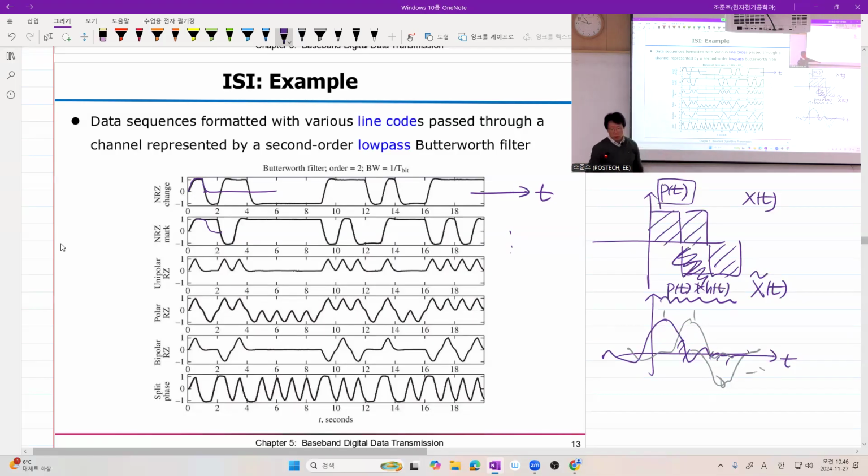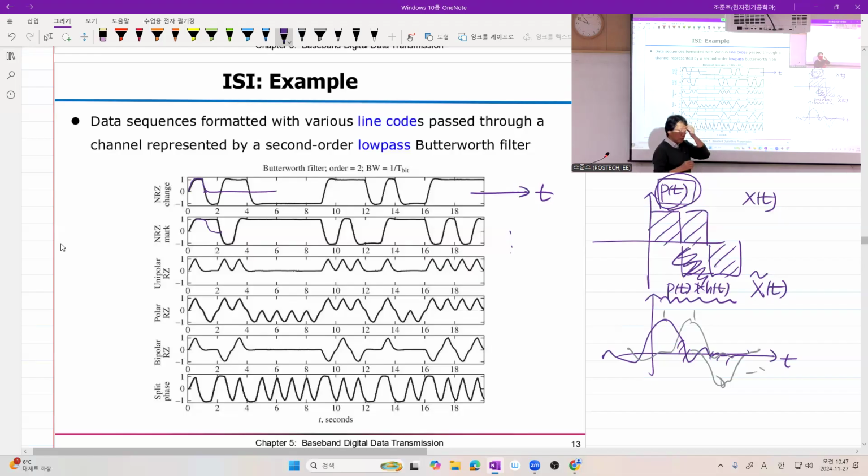What I want to say is that depending on the pulse shape, the same channel may give you different levels of intersymbol interference, right? For example, if the pulse has very high frequency components, like in Manchester code, it will be much more distorted if you are given a very narrow band channel compared to NRZ, because its energy occupies around twice the bandwidth, right?